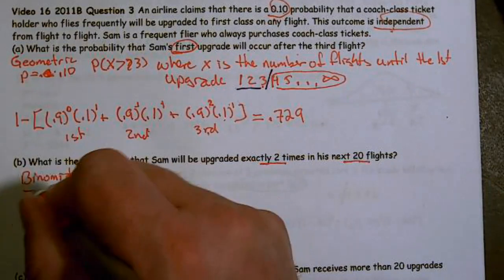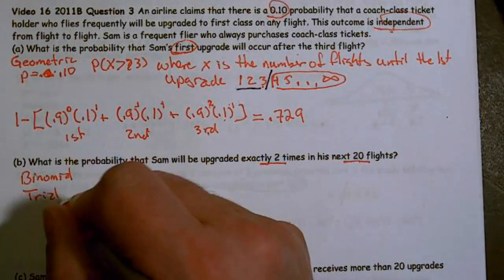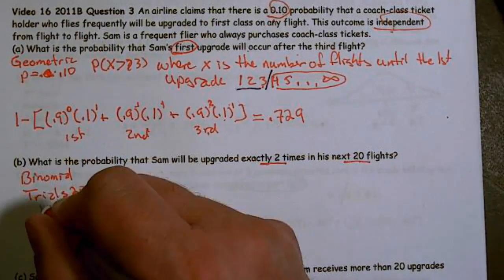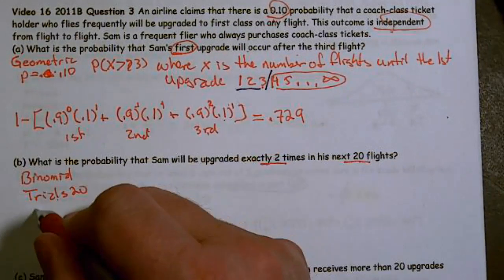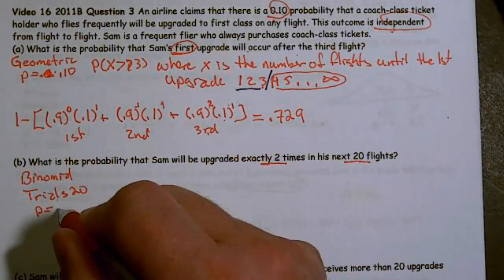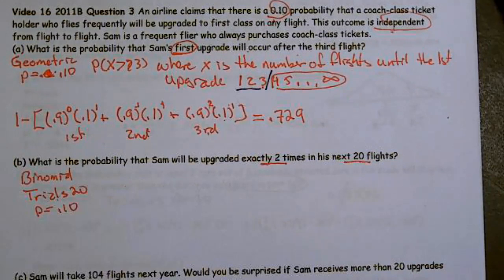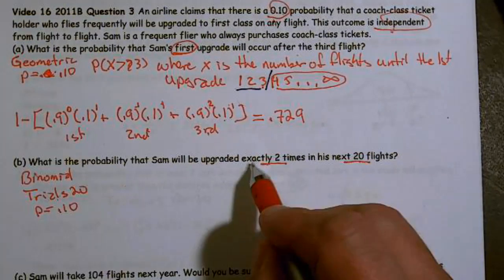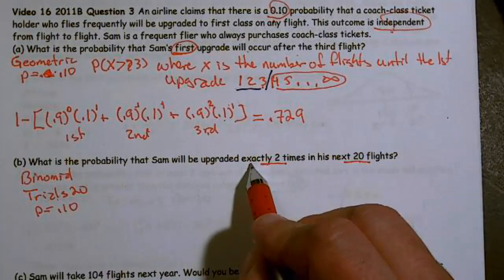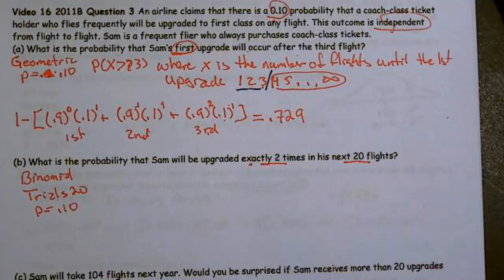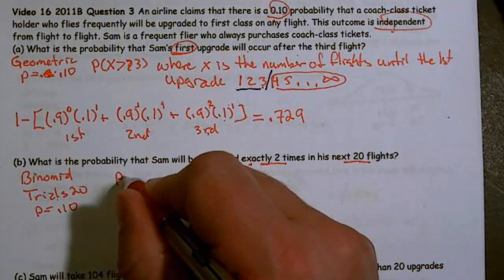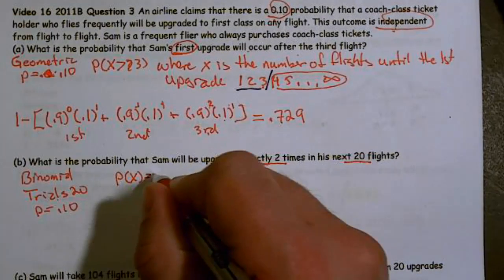Our trials happens to be 20, and my p-value is still the 0.10 that we were dealing with before. This keyword exactly tells me what type of probability we're looking for.